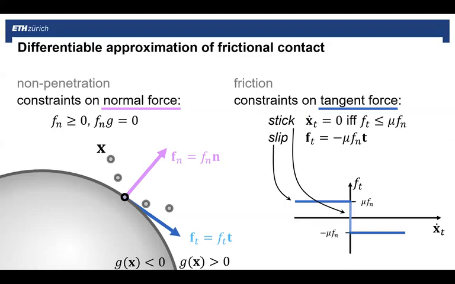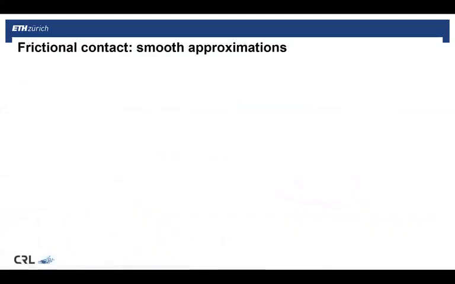And well, here we also see how this is just not a differentiable type of force. Now, luckily for us, we can apply a smoothing scheme, which formally is called a modification of the Coulomb friction model. And this allows us to smooth out the discontinuities that do exist in the natural world.